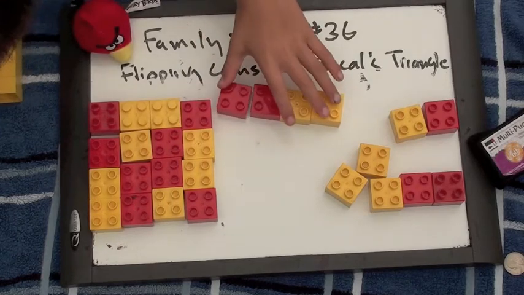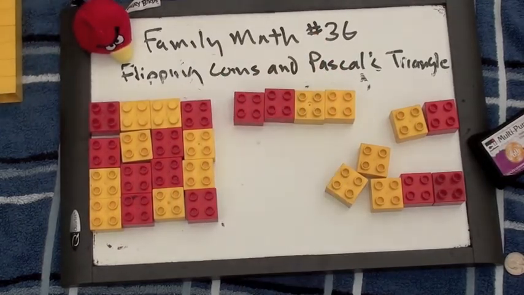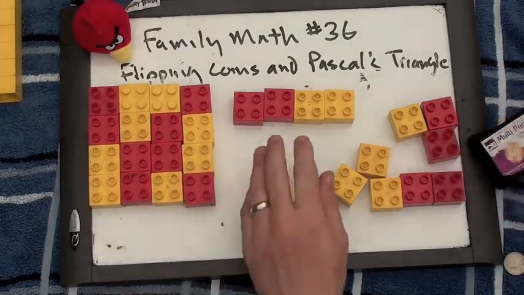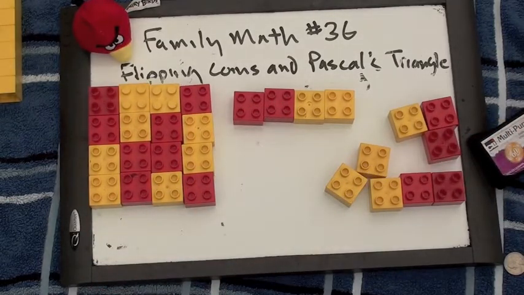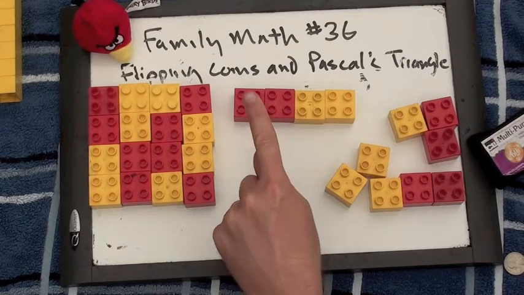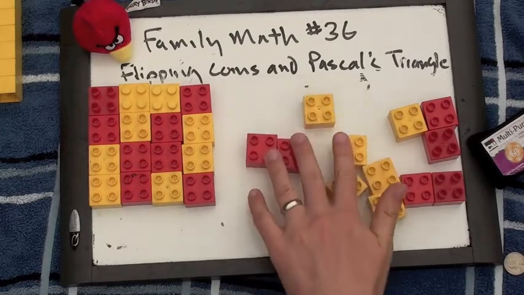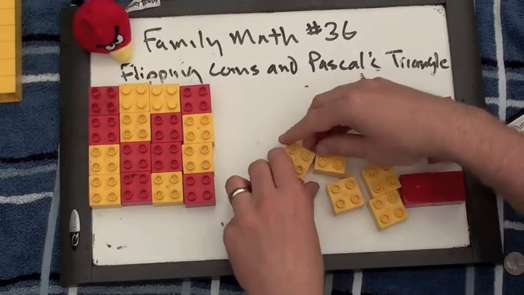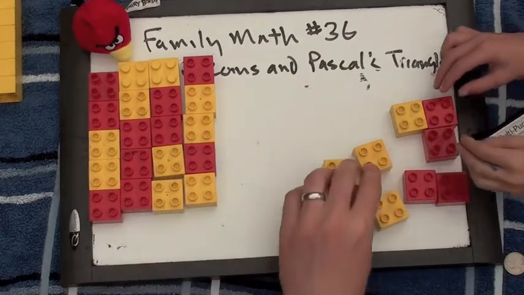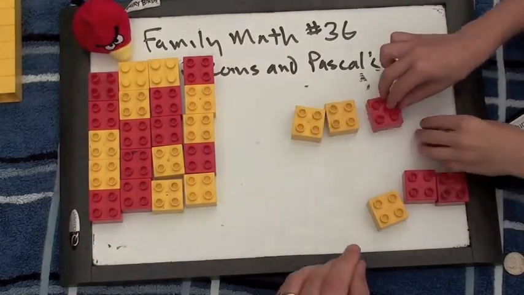Well, which one is that? Is that tail, tail, head, head, or head, head, tail, tail? It's tail, tail, head, head. So this is head, head, tail, tail. Okay, awesome. That should give you a clue for another one that we haven't done yet.